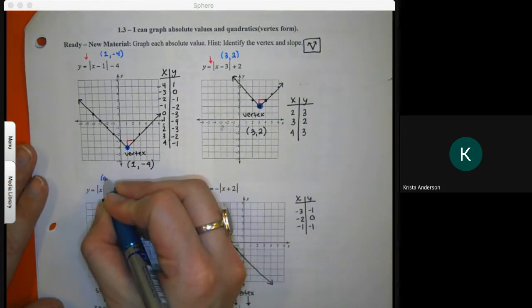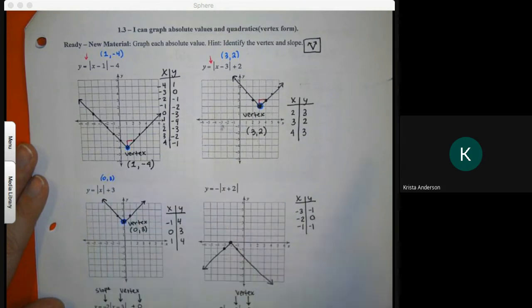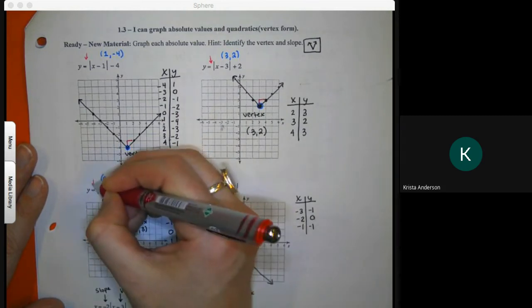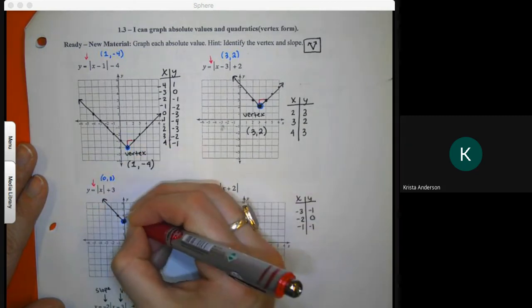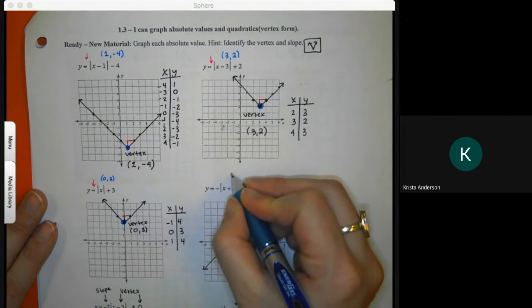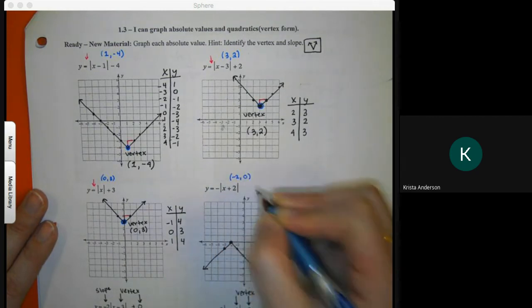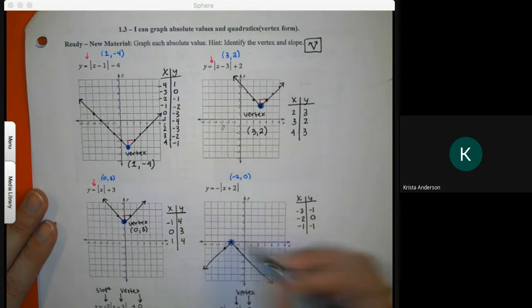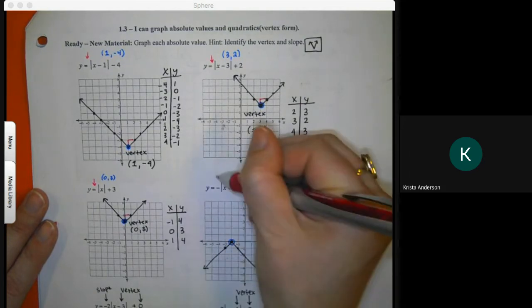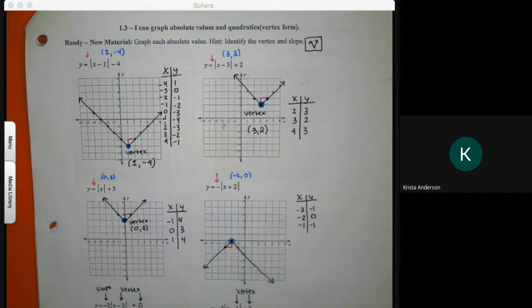This would be a 0, 3. When I look for the slope, when there's no number, 1 over 1. -2, no number. Because it's negative, it goes down 1 over 1 rather than up 1.